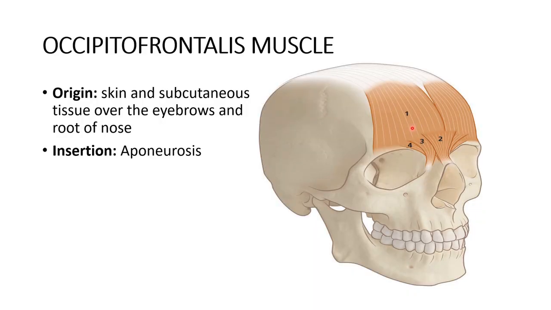The occipitofrontalis muscle has the frontal bellies and posterior bellies. The frontal bellies originate from the skin and subcutaneous tissue that overlie the eyebrows or the superciliary arch. It also originates from the root of the nose.